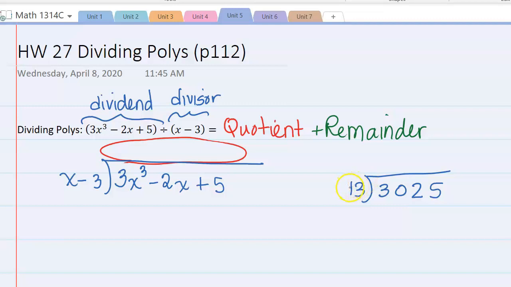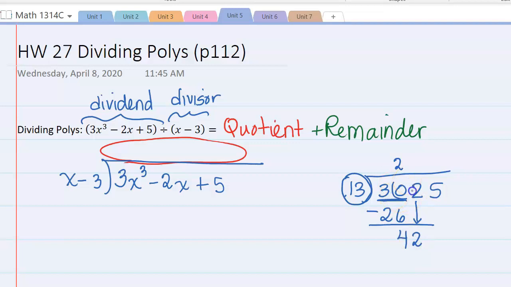We would do long division by asking ourselves, 13 goes into 30 how many times? That would be 2. We multiply 2 times 13 and get 26. Then we subtract, 30 minus 26 is 4, and obviously 13 doesn't go into 4. We would bring down the next number, and there's our 2 right here.